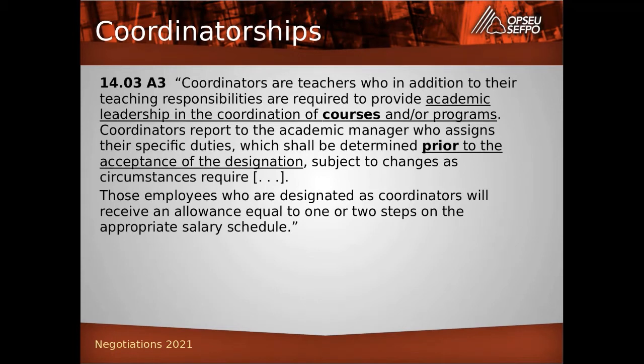And again, coordinators report to the academic manager, who assigns their specific duties, which shall be determined prior to the acceptance of the designation. So it should be clear to the supervisor and the faculty member what duties are associated with the coordinatorship, what work is required, and how much time will be provided each week to complete that work.